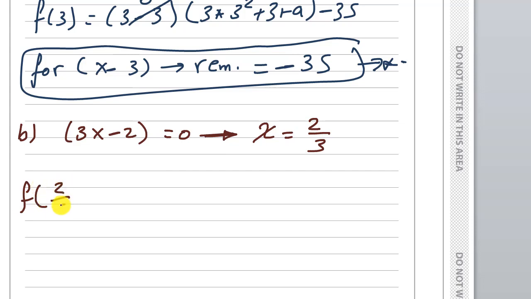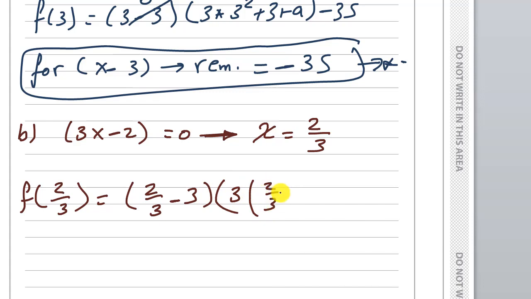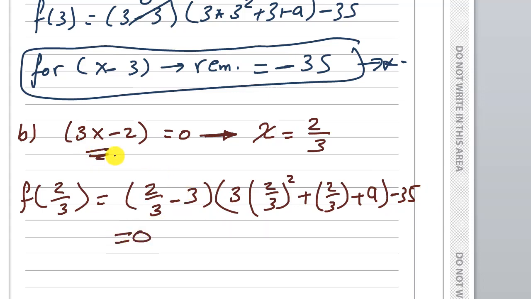So f of 2/3 is equal to (2/3 minus 3) multiplied by (3 times (2/3) squared plus 2/3 plus a) minus 35. All of it is equal to 0 because this is a factor.